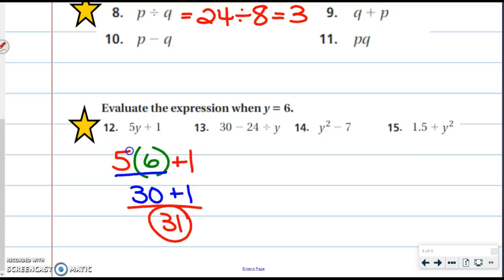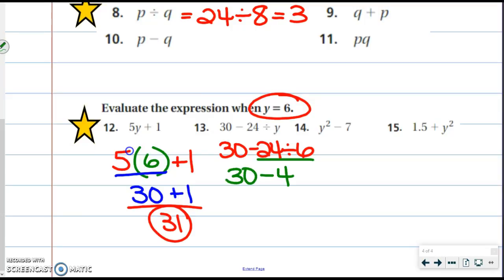I'll start you off on number 13. I know that 30 minus 24 are things that we know, and I don't want to solve that yet in case I need to do the order of operations. So I'm just going to focus on plugging in the variable first. Okay, and I know that y equals 6. So now when I look back at this problem, I know, according to the order of operations, I need to divide first. So I'm going to divide 24 divided by 6, and that's going to get me 4. And I'm going to let the rest of my problem fall down and solve.